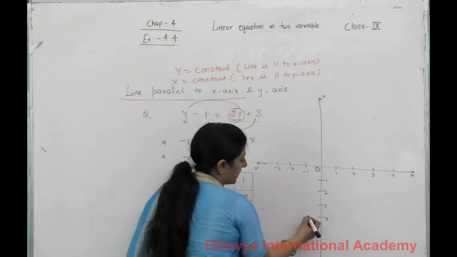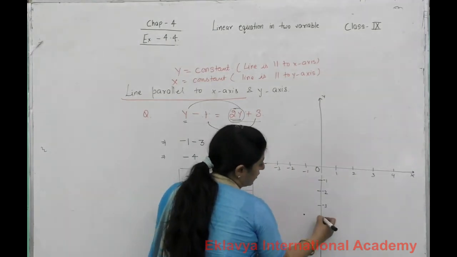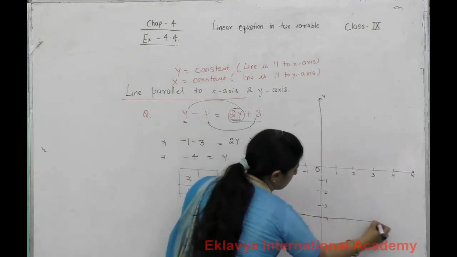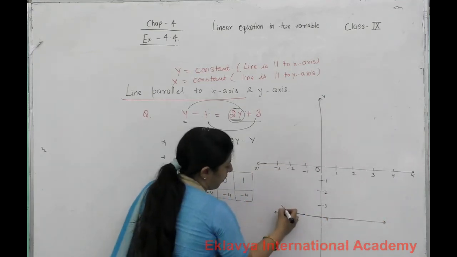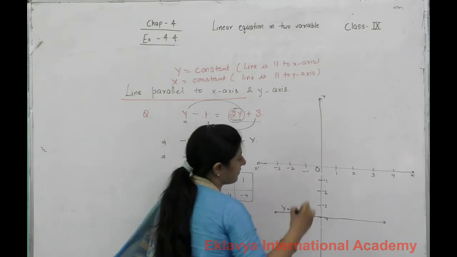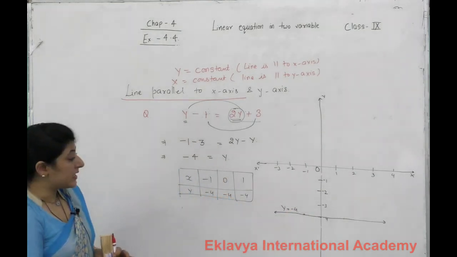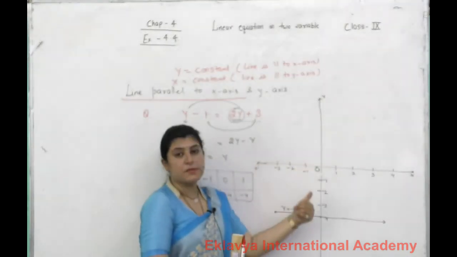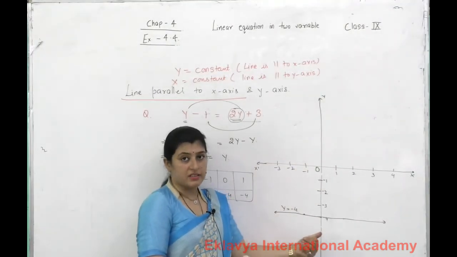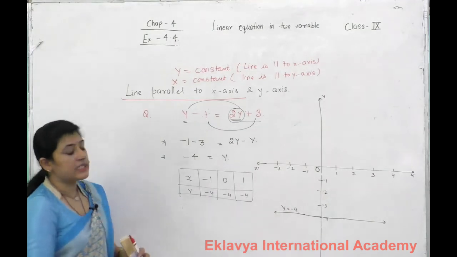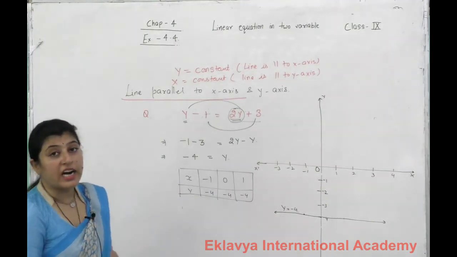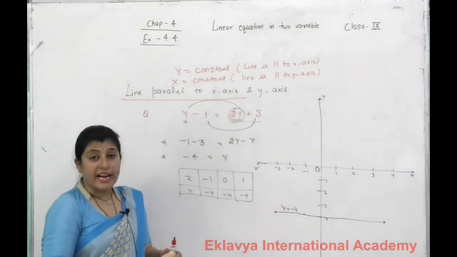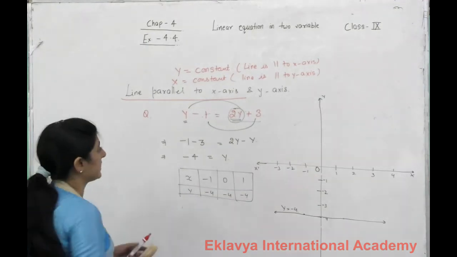Then at minus 1 there is minus 4, 0, minus 4, 1, minus 4. It means we get a line like this, y is equal to minus 4. If y is equal to constant, the line is parallel to the x-axis. So this type we will represent in the Cartesian plane, a line parallel to the x-axis or y-axis.